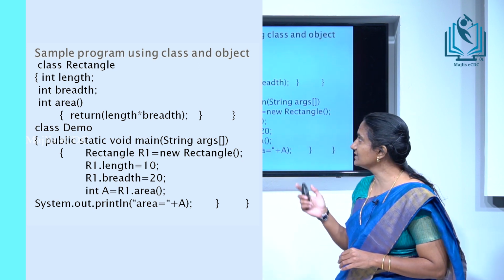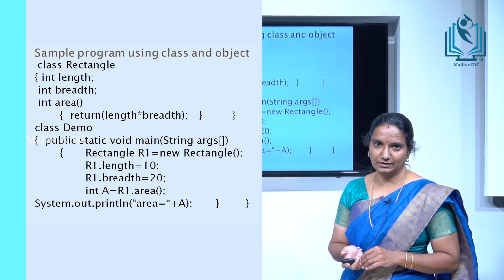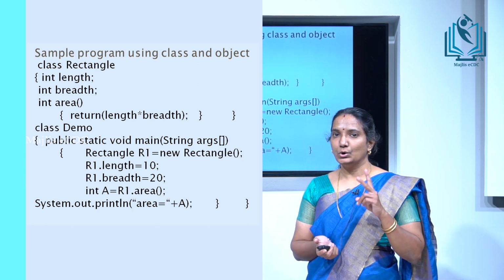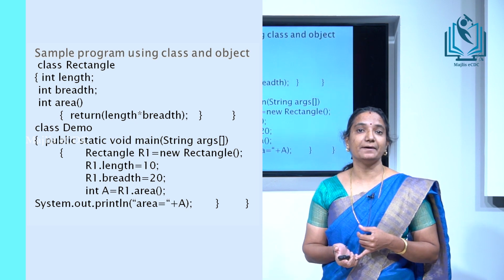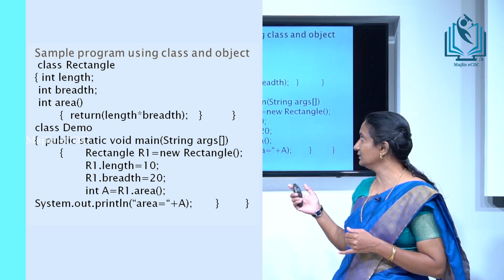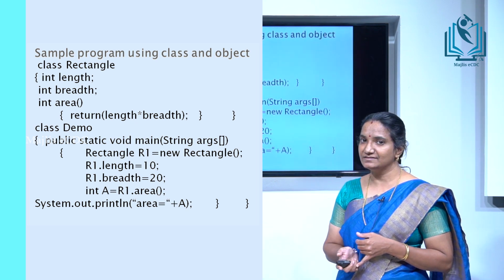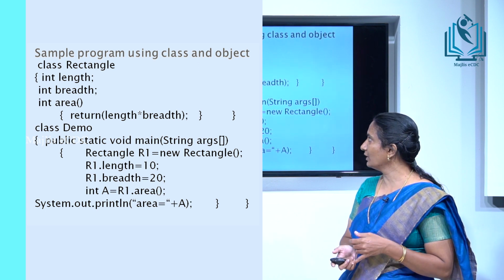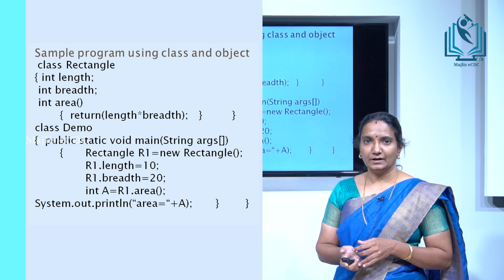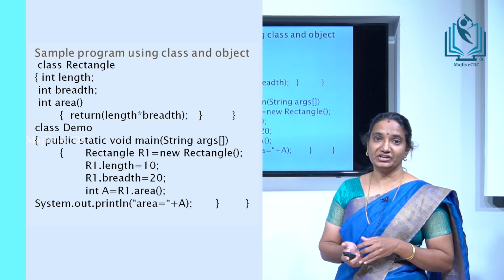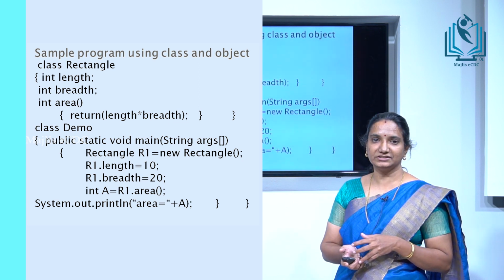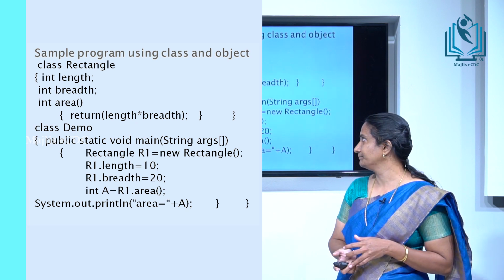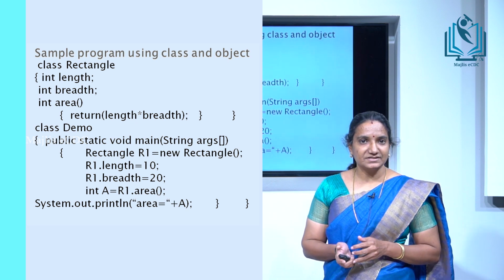So here, class space Rectangle. Then inside the class, two parts: one is variable declaration and another one is method declaration. So here the variable declaration is int length, semicolon, int breadth. Next, method declaration int area. Inside that method, what we are calculating: return length into breadth. Then that class is closed.